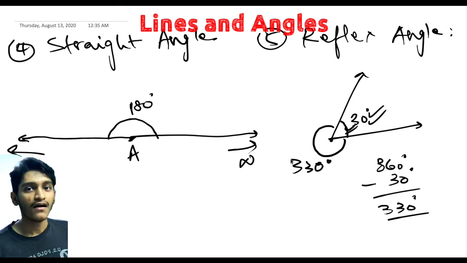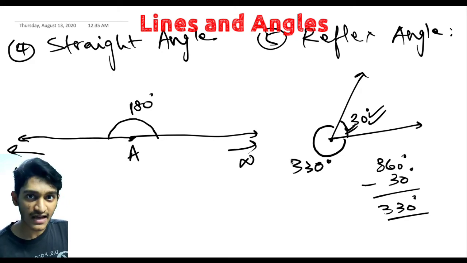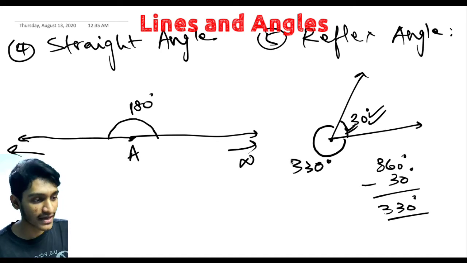Now, I again say, what is a reflex angle? Well, a reflex angle is the angle which is opposite to your measured angle, and it is exactly the other-sided measurement of your original measurement, which is either an acute angle, right angle, or obtuse angle. Now let us take another example of a reflex angle.